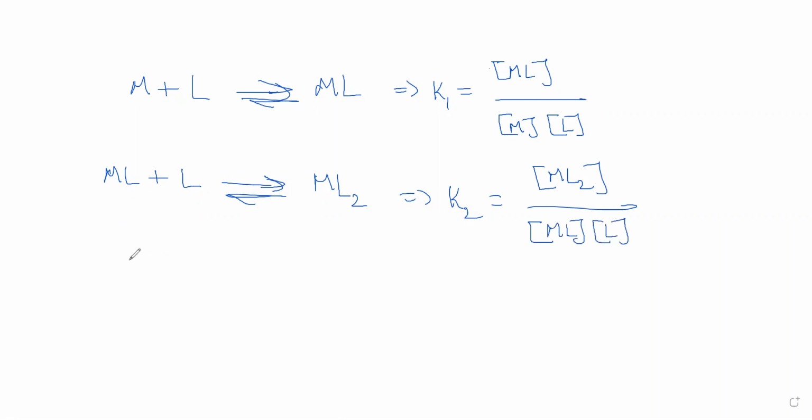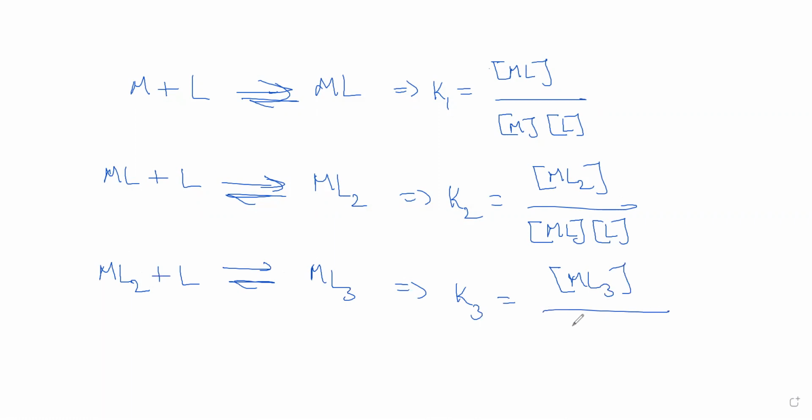Now the third step is ML2 plus L again. Easy only this is. We'll write ML3. And now K3, what would it be, can you guess? It is simply ML3 divided by ML2 into L. So on, n times.